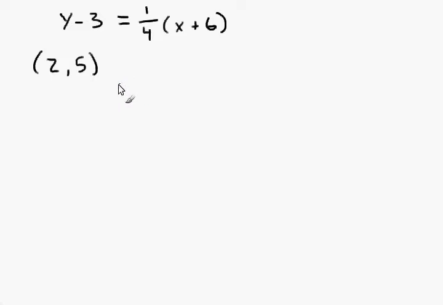We're going to take a line here, y minus 3 is equal to 1/4 times x plus 6, and then we're going to take a point, say 2, 5, and see if it's on the line.